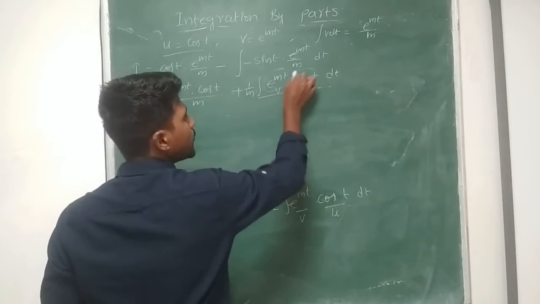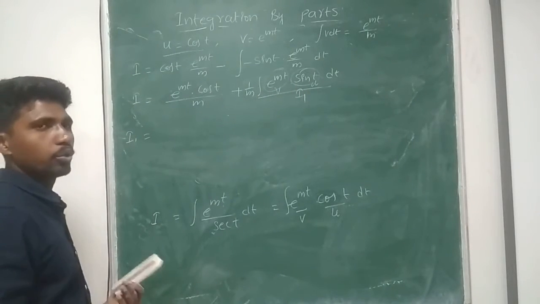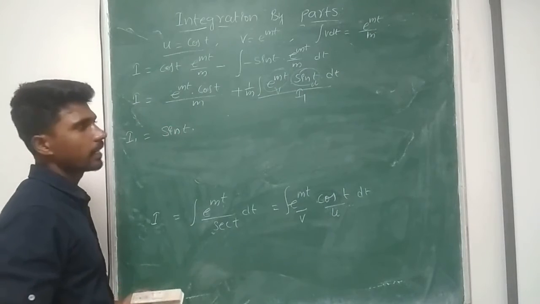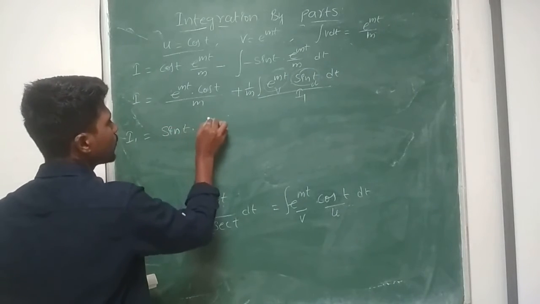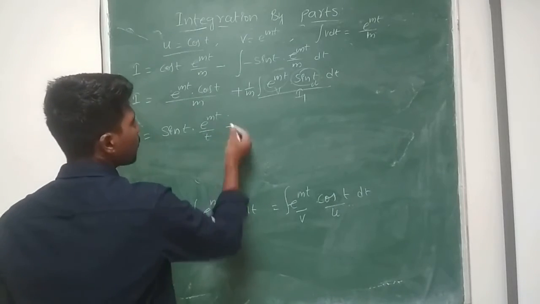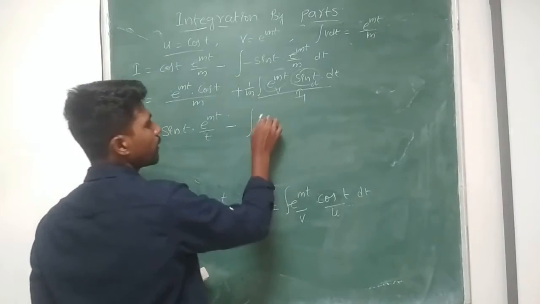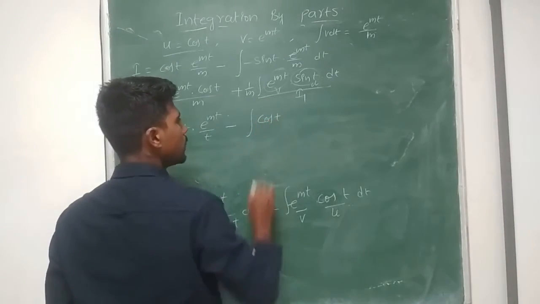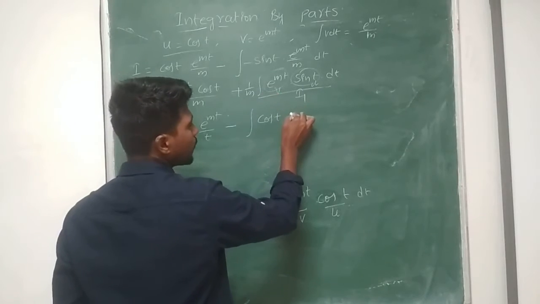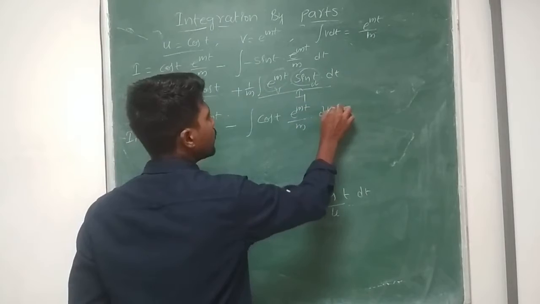Again, this one acts as v, this one acts as u. So I1 is equal to u into integral v, so sin t into integral e power mt, which is e power mt by m, minus du by dt. Sin t derivative is cos t, right? So cos t into integral v dt, which is e power mt by m dt.